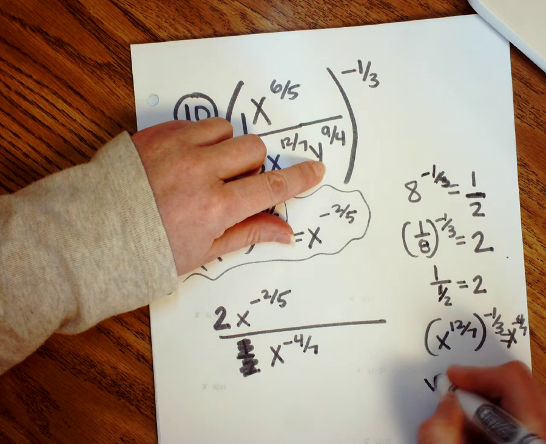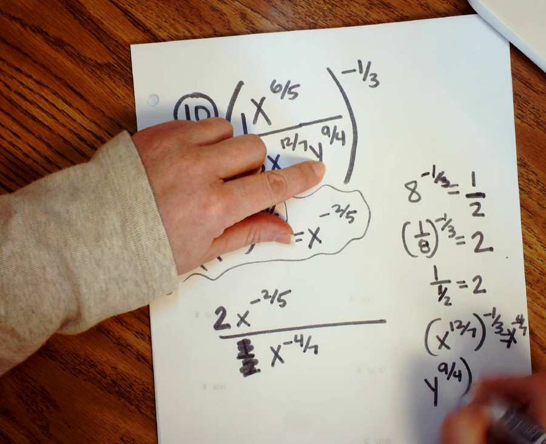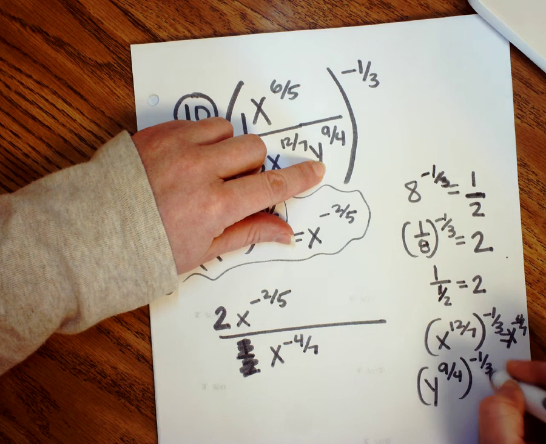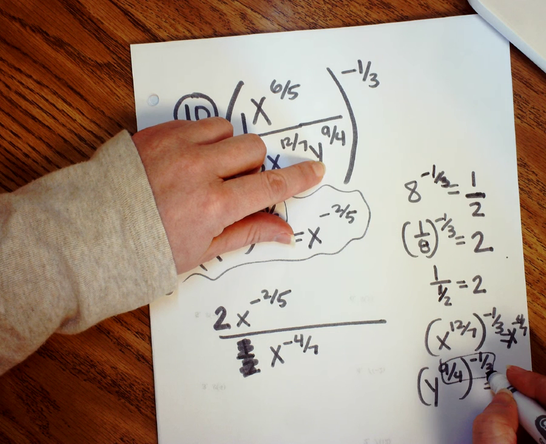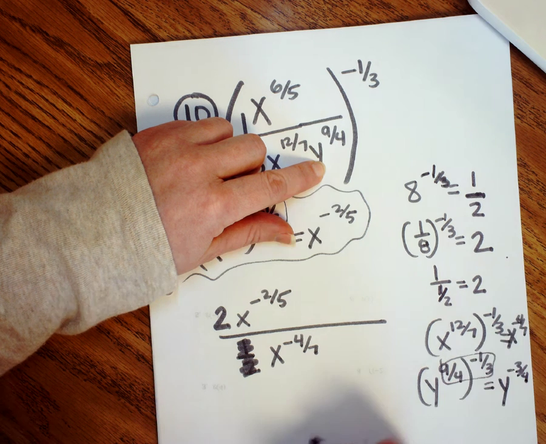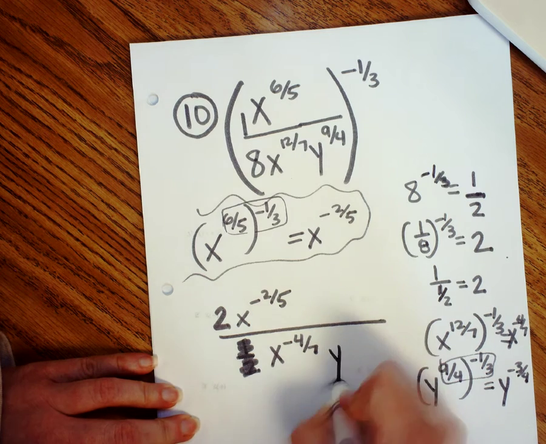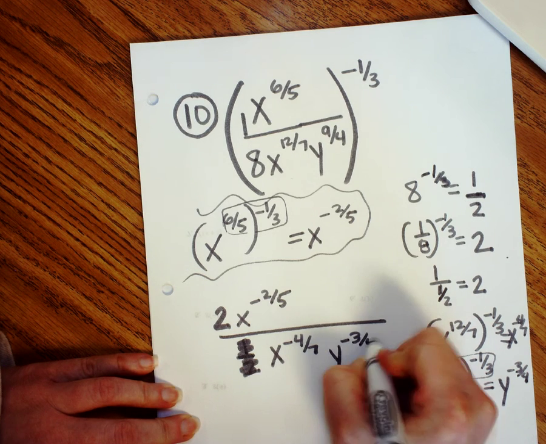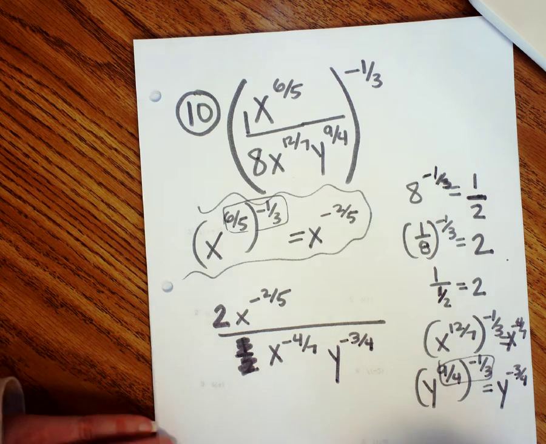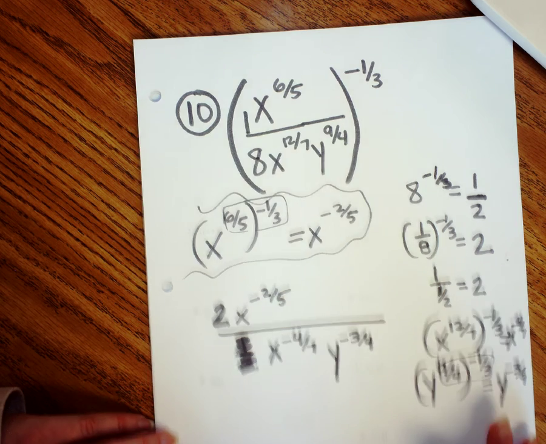And then I've got y to the 9/4 raised to the -1/3. Again, multiply my exponents. 9/4 times -1/3 is -3/4. And again, that's going to be y on the bottom as -3/4. I'm not going to bother with elevators just yet.